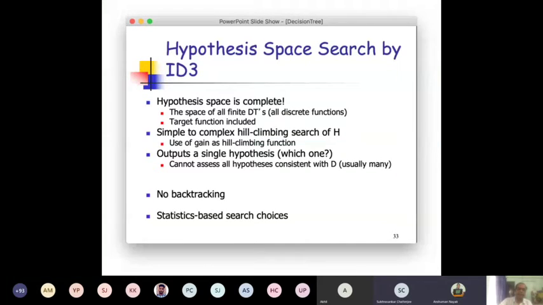Backtracking means that at any point, when you are choosing the best attribute at a particular node and you go on expanding the tree, at a certain point you feel that your performance, your accuracy, is not going to improve. There is some observation that your tree is going deeper and deeper.